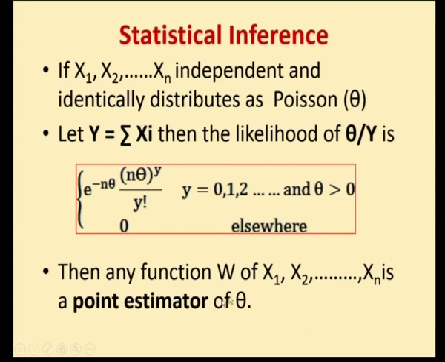Further, I continue, how do I get this kind of estimator? One possibility is that it is based on the sample, therefore, it is a function, any function for that matter, as a point estimator of theta.